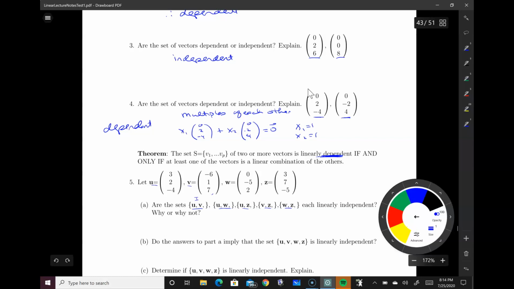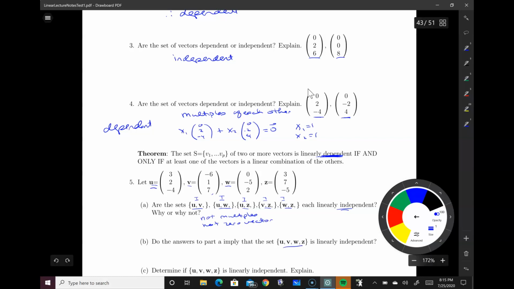If I'm looking at the set of u and w, this set is independent because they're not multiples of each other and they're not the zero vector. All of these individual sets of 2 are linearly independent because they're not multiples and there's not the zero vector.